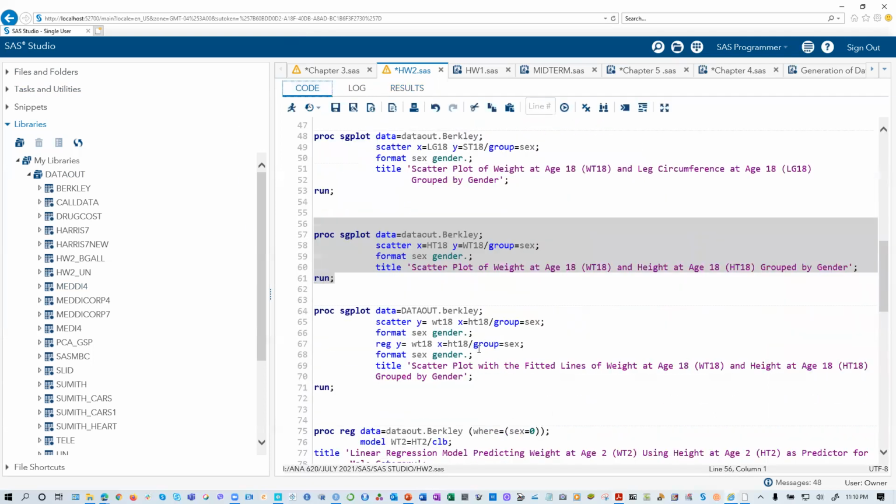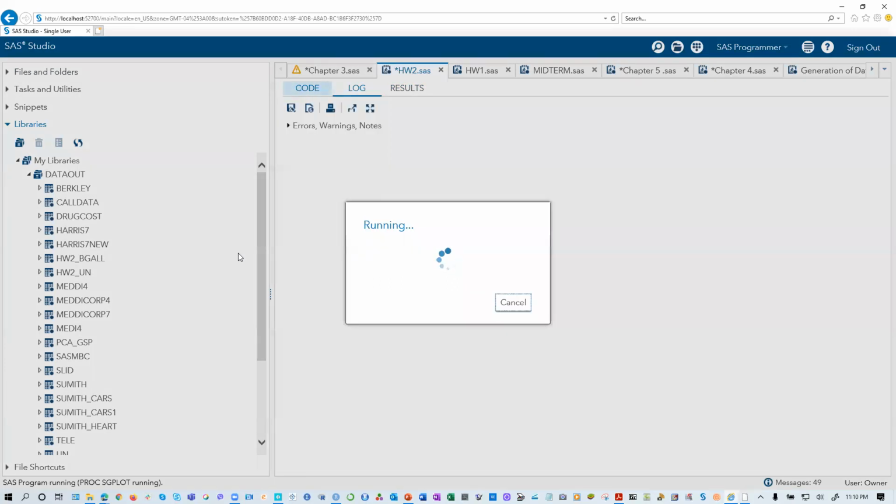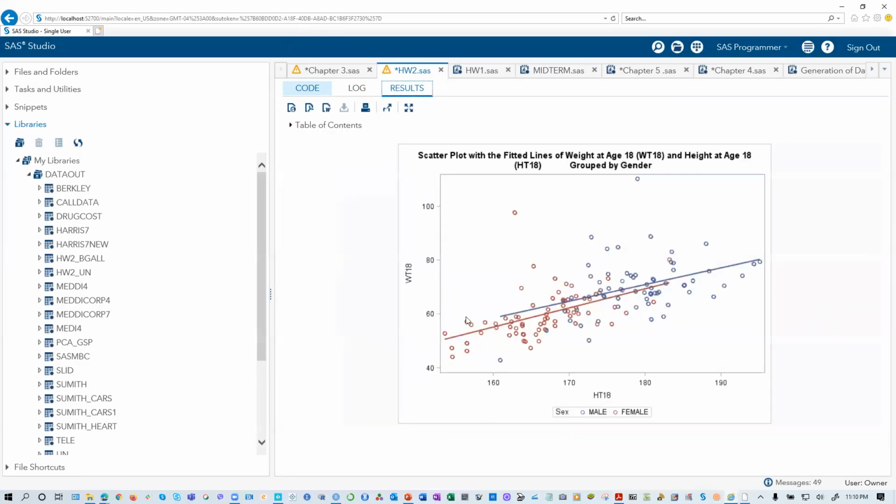See, then scatter plot and then put the line. See, you want to put the line. See, two lines. You can see very clearly they look like parallel. They should be parallel. We're gonna talk about that later on with respect to the gender, with respect to the categorical variable.